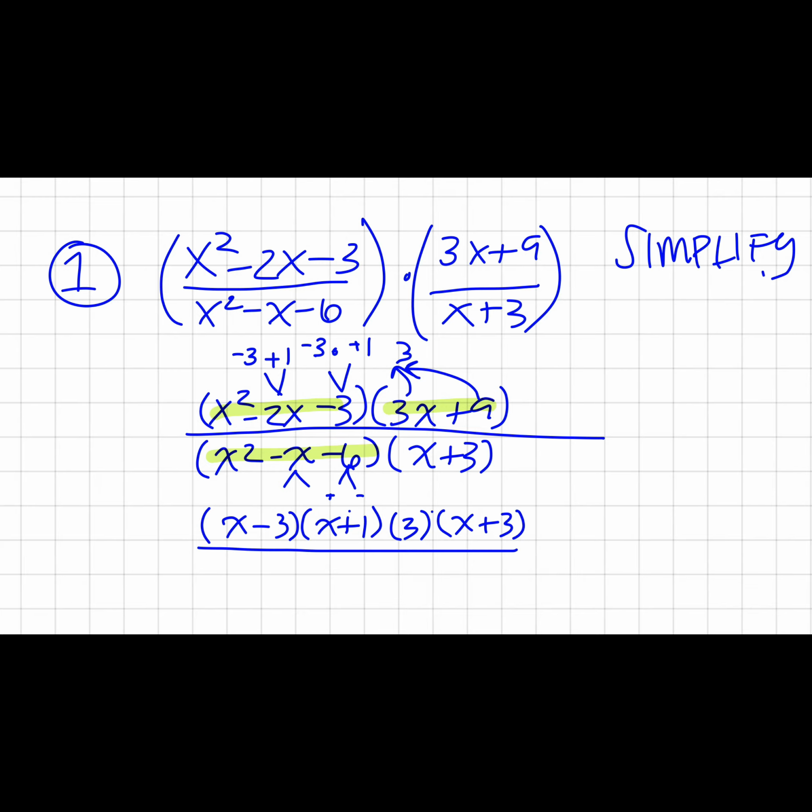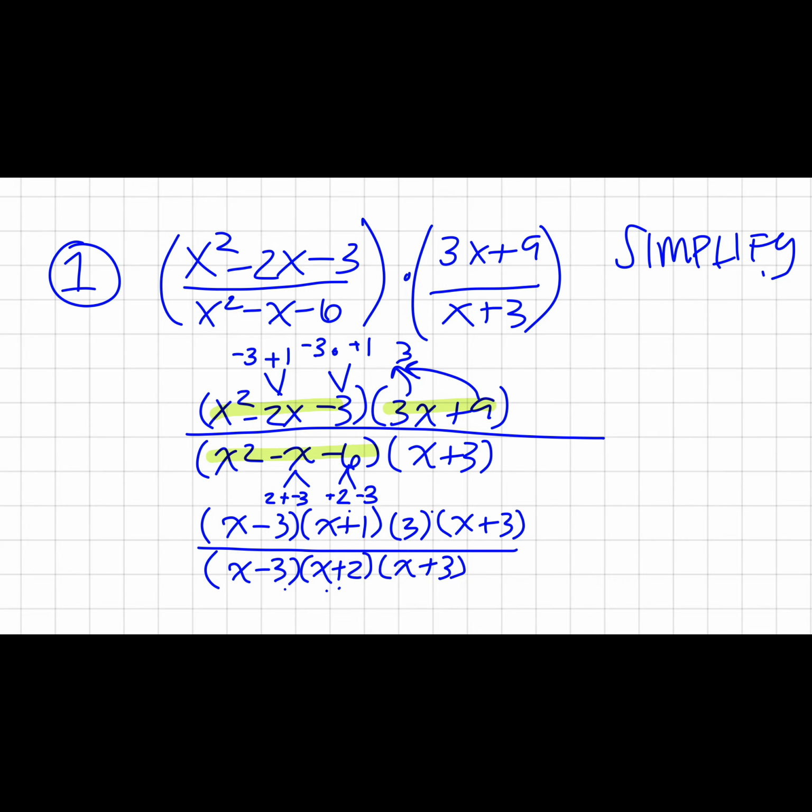So here, I know this is a negative 3 and a positive 2, because 2 times a negative 3 will give me a negative 6, but when I do 2 plus a negative 3, that will give me a negative 1. So here I have x minus 3, x plus 2, and of course we still have our x plus 3.